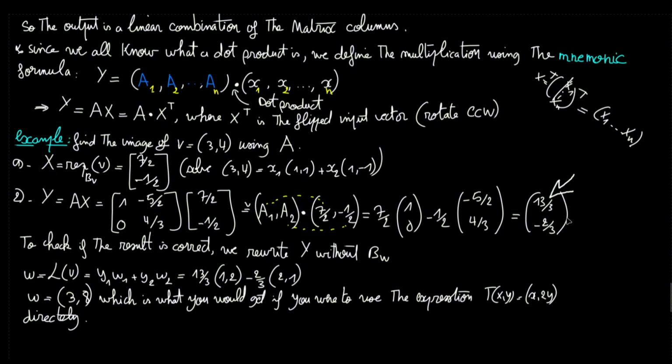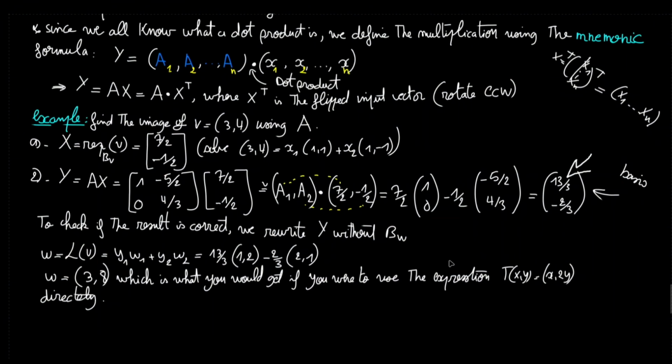Now this vector, as I told you, is written in the basis of the output space that we have selected. Now, if we want to remove this basis and write it in terms of the standard basis, we simply use the defining equation. We have w is equal to L of v equals y1 w1 plus y2 w2.